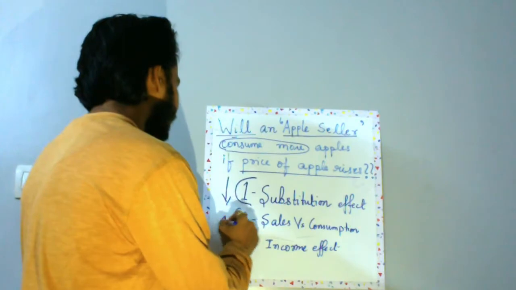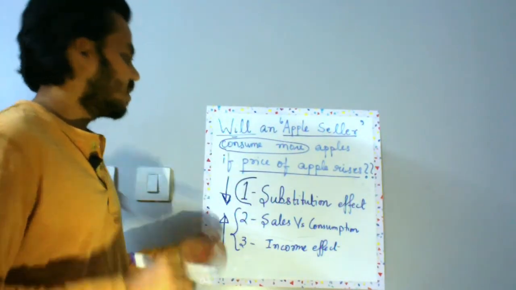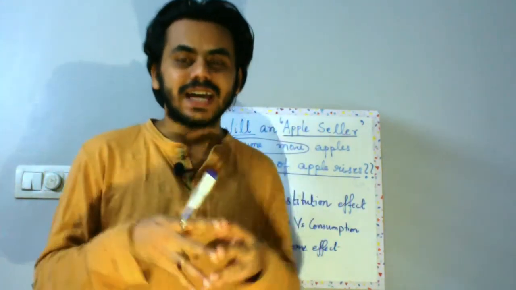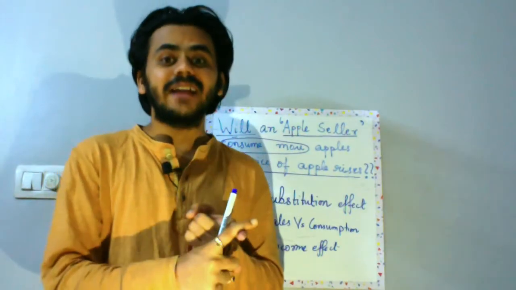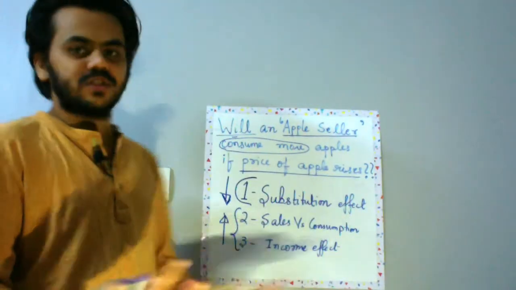So it will be decided by the strength of these two factors. 2 and 3 combined can be said as income effect and endowed income effect, and one is your substitution effect.